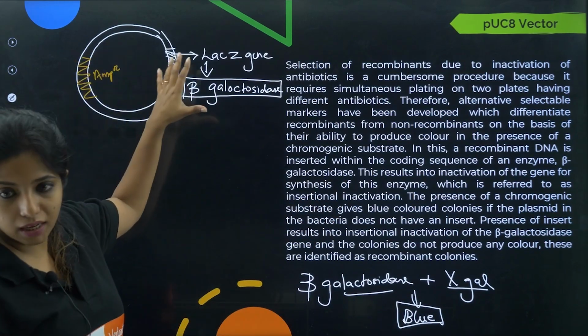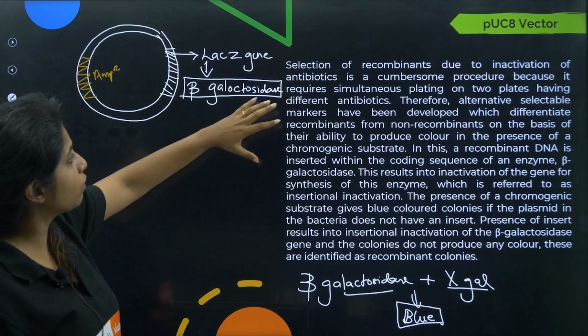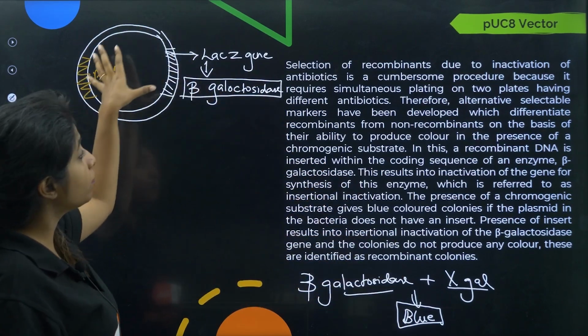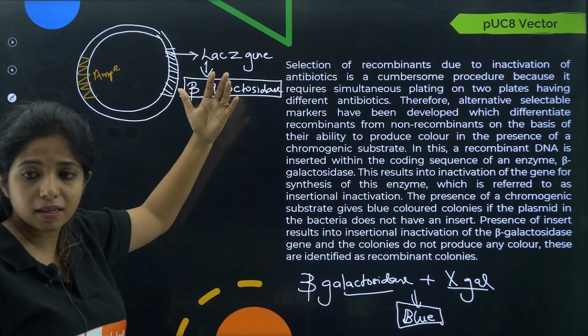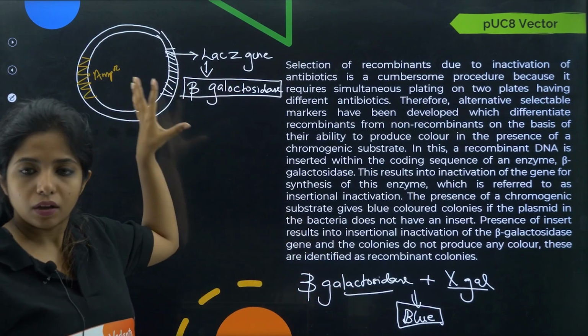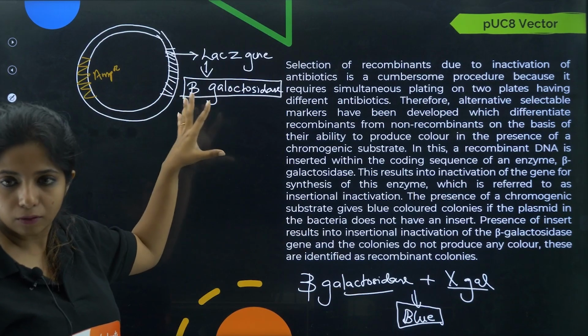So in this case, this is a normal scenario that happens. Every time I put X-gal in this particular medium, what will happen? This will give me a colony of bacteria that has this particular thing. The blue colony will be made over there.